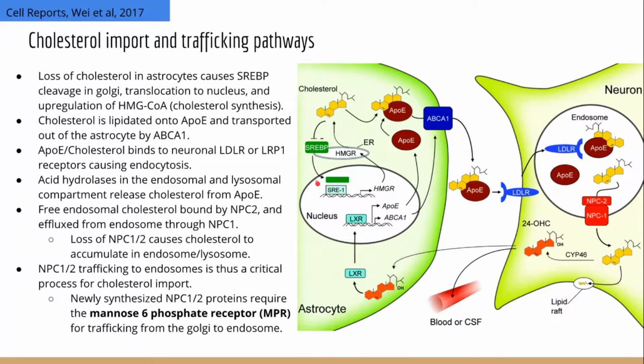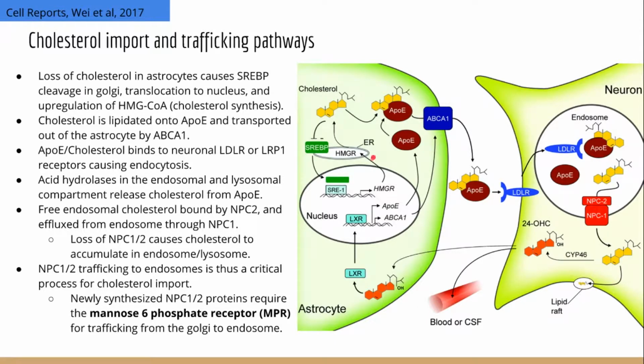It then translocates into the nucleus and activates transcription by binding these SRE, or sterol regulatory elements, to make enzymes like HMG-CoA reductase. This then increases cholesterol biogenesis.